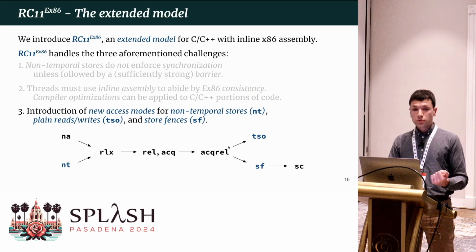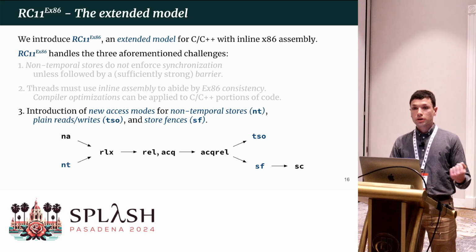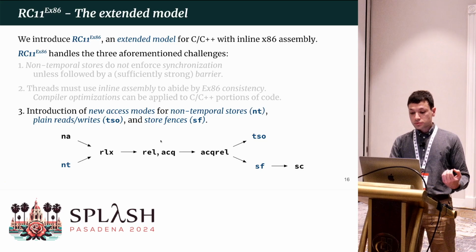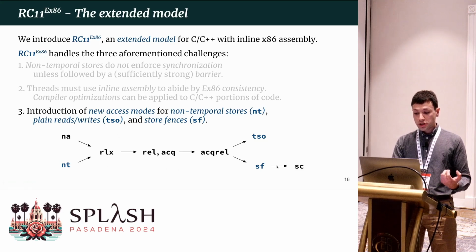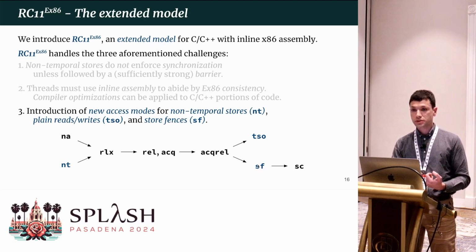And third, to tackle the problem of access modes not handling inline assembly access, we introduce 3 new access modes: TSO for plain reads and writes, a mode for non-temporal stores, and a mode for store fences.